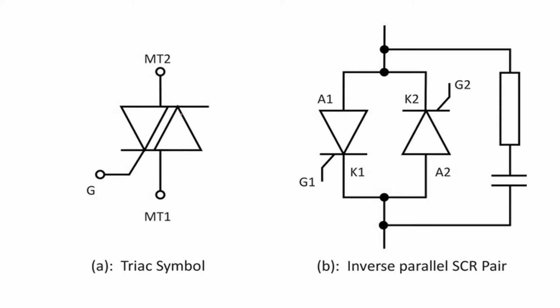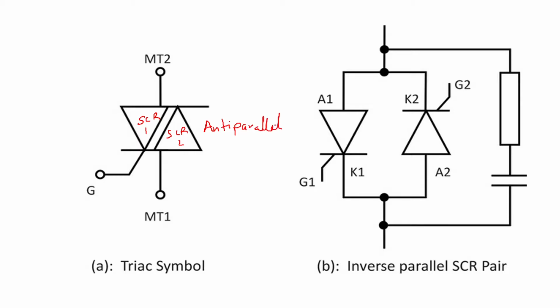Then we will see how the symbol looks. So here you can see the symbol of a triac. You can see it like two SCRs. This is SCR1 and this is SCR2. So they are in anti-parallel.